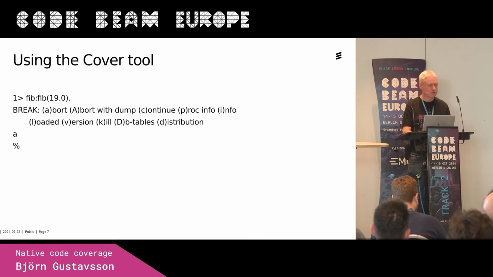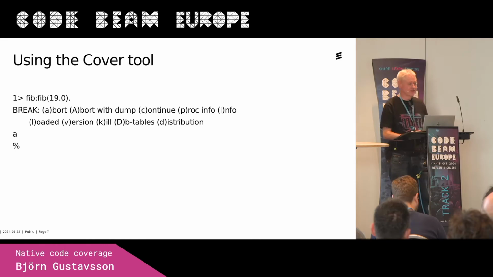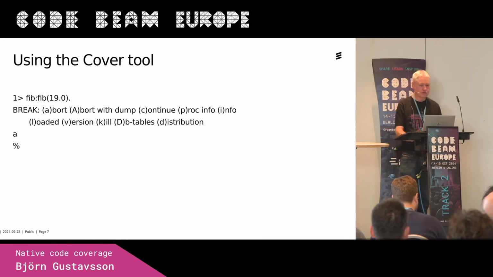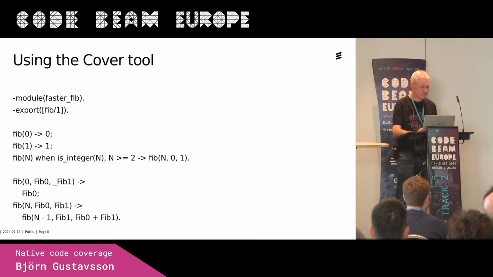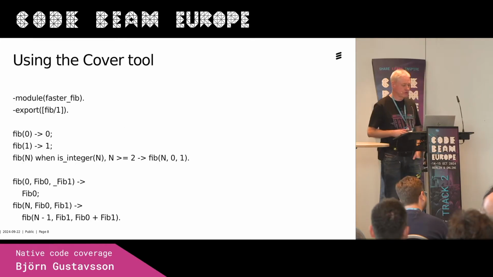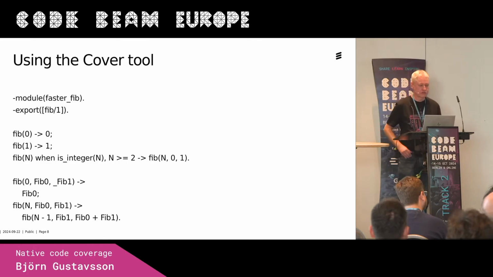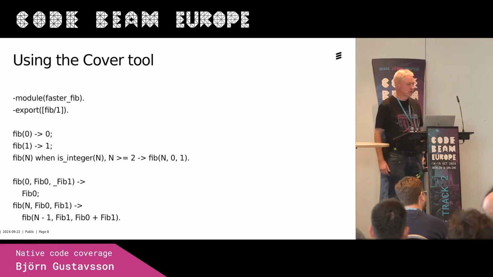So I have to abort this. So this code was fully covered, but that doesn't guarantee that there are no more bugs anyway. So here is a better version. It's faster, and the guard test only allows integers greater than 2.